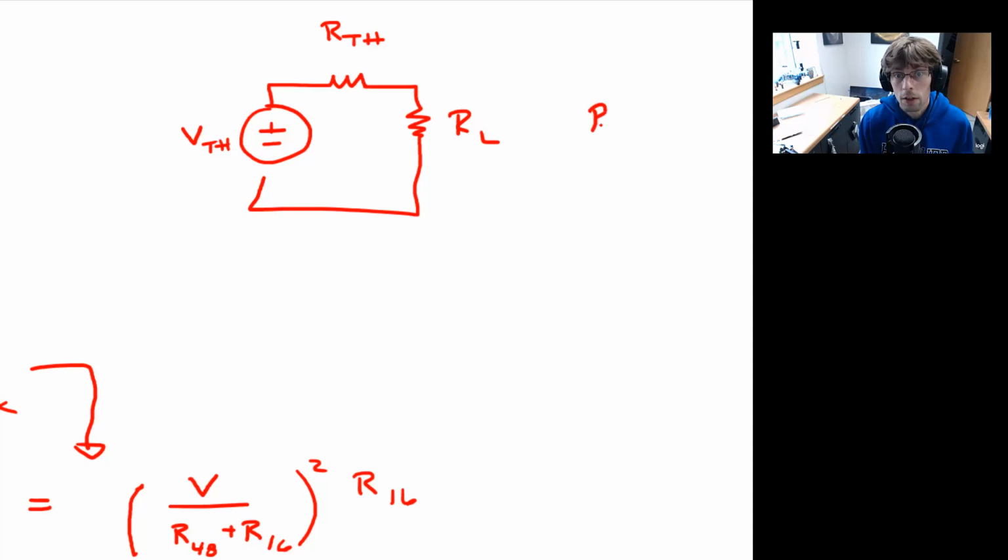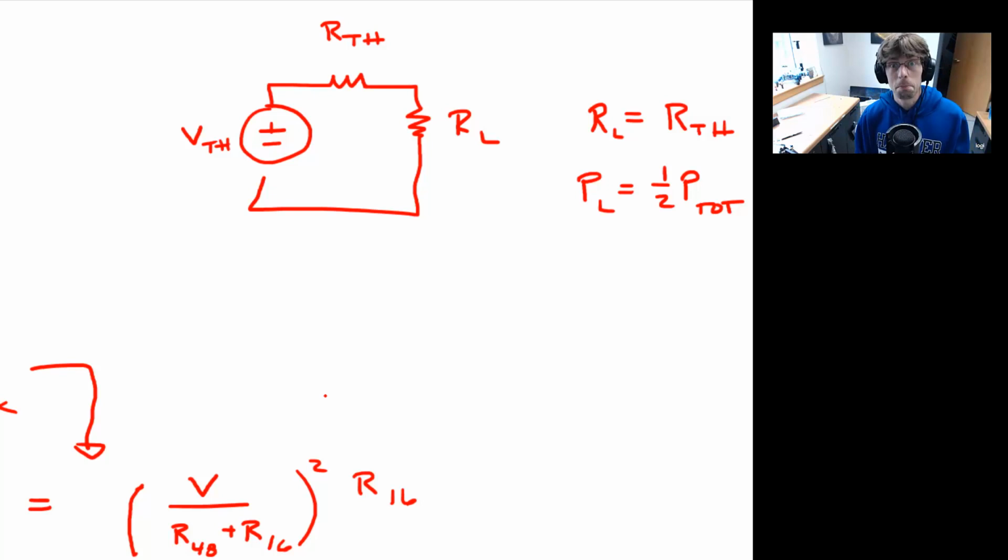When the load resistance equals the Thevenin resistance, the power delivered to the load is only 1/2 of the total. That's the maximum that could possibly be transferred to the load. Here now we have a way to make sure that the full power gets to the load.